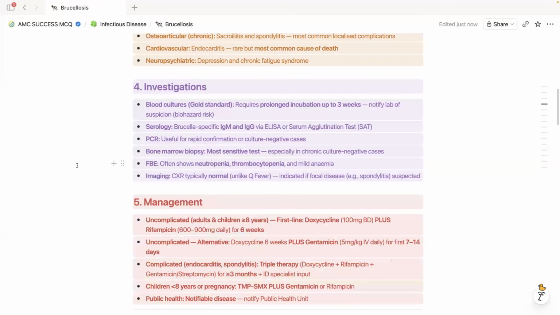For investigation of brucellosis, we do blood culture, which is the gold standard and requires prolonged incubation, up to 3 weeks. Notify the lab of suspicion. For serology, we check IgM and IgG by ELISA or serum agglutination test, SAT. We also do PCR, which is useful for rapid confirmation of culture-negative cases. Once the blood culture comes back negative, then we do PCR to confirm. Bone marrow biopsy is the most sensitive test, especially in chronic culture-negative cases.